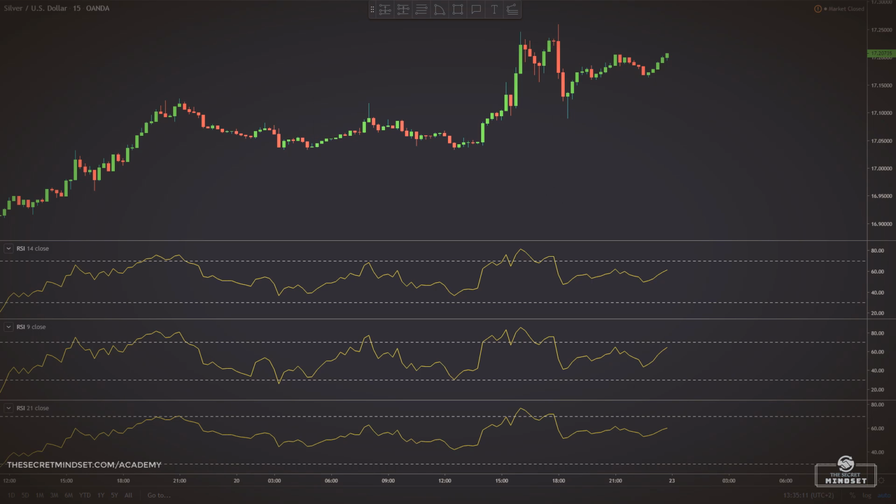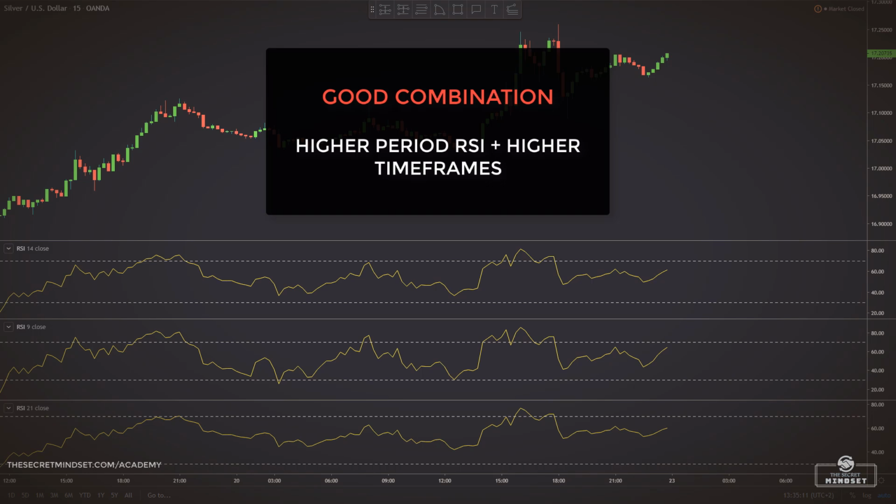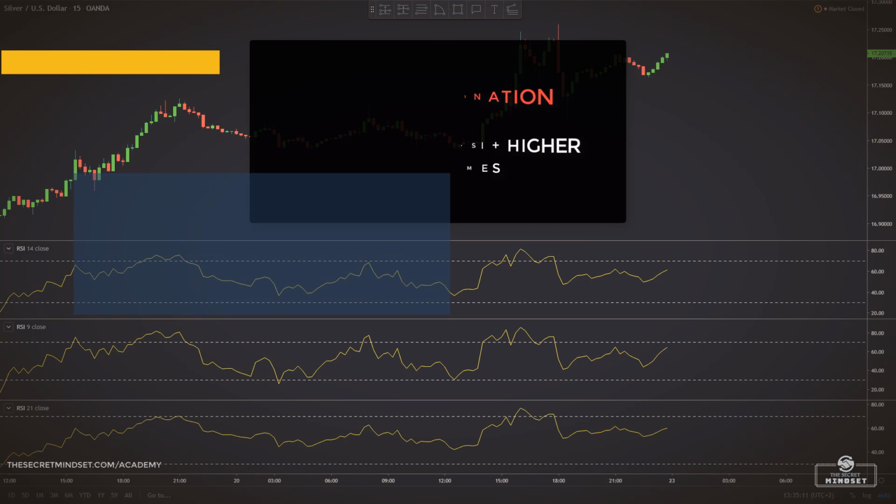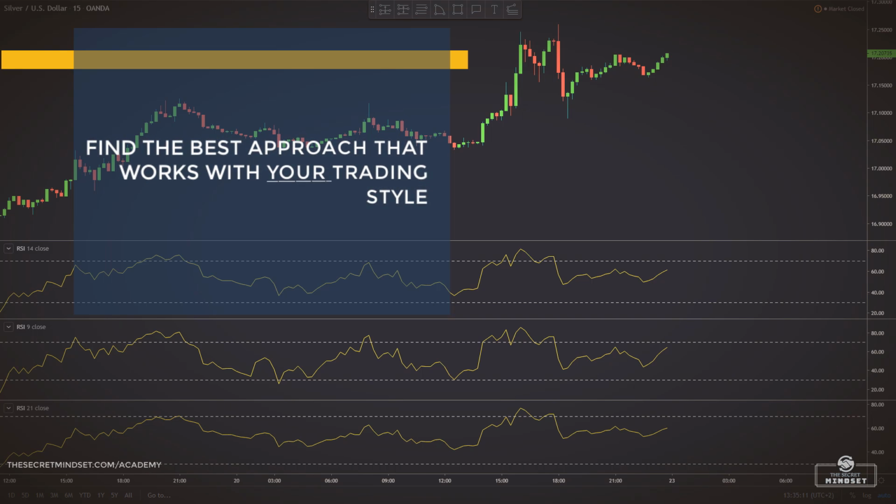If you want a smoother analysis with less noise, go on higher time frames. Here you could use a lower period on the RSI, which will offer more trendline opportunities. But you could also adopt a less sensitive approach by using a higher period RSI, like the 21 for example. The key is to backtest and find the best approach that works with your trading style.